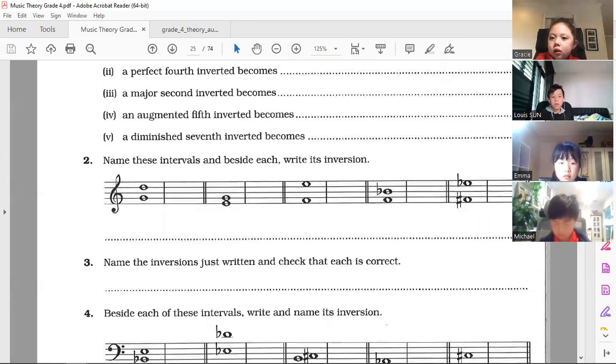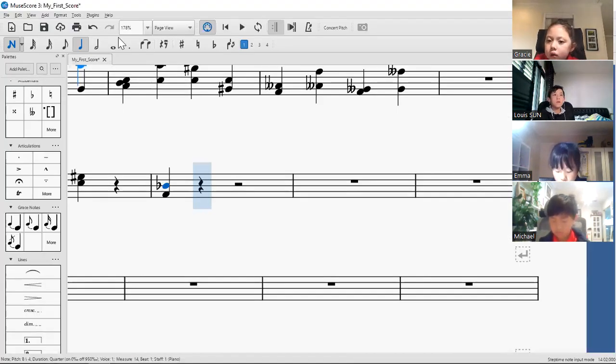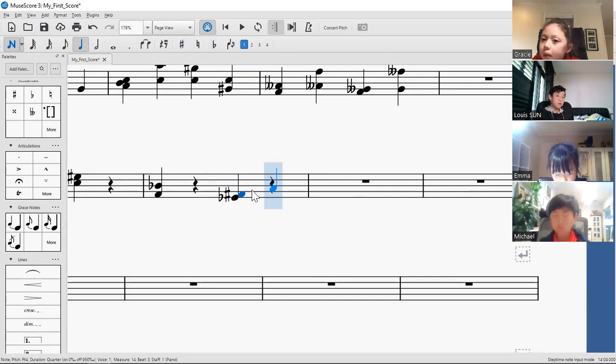It looks like this. So with an E flat and an F sharp, it looks weird, but that's how it's supposed to look. Honestly, no one's going to call you out if you put the sharp before the flat, but this is how they did it, so that's how it looks.